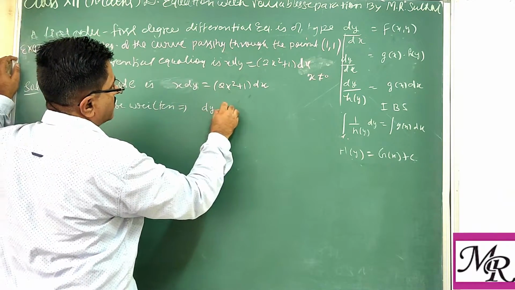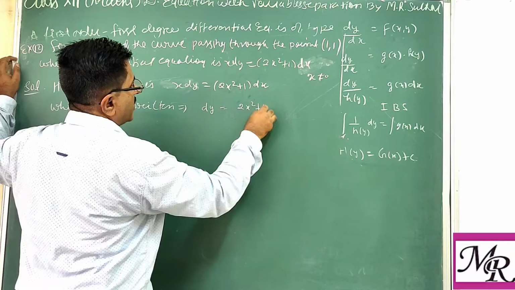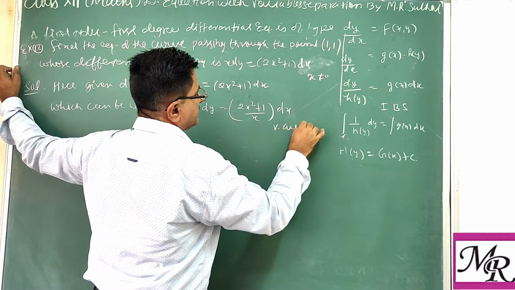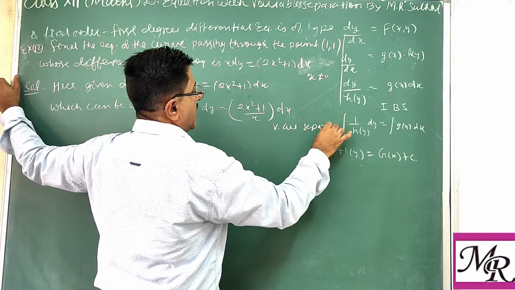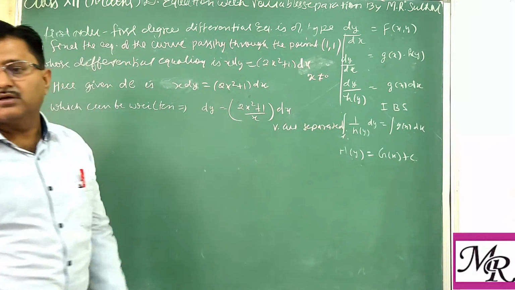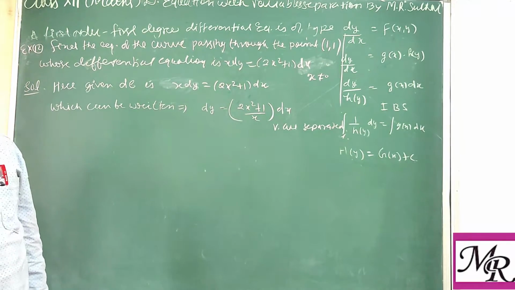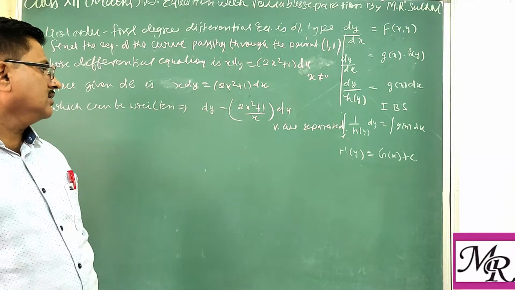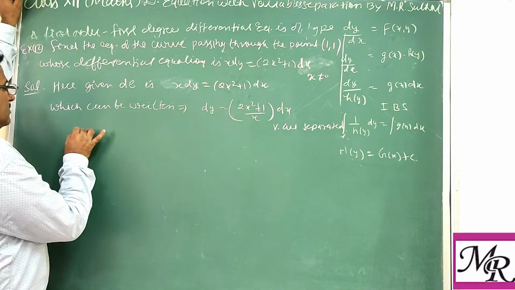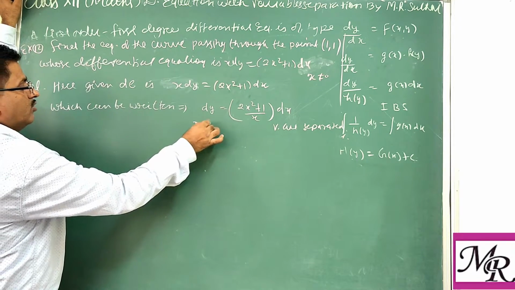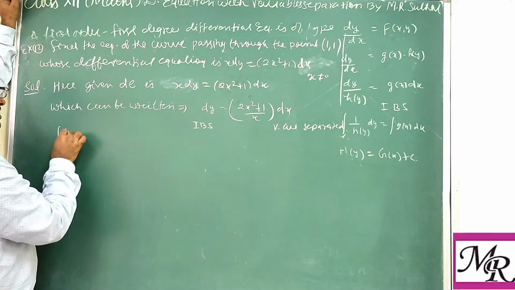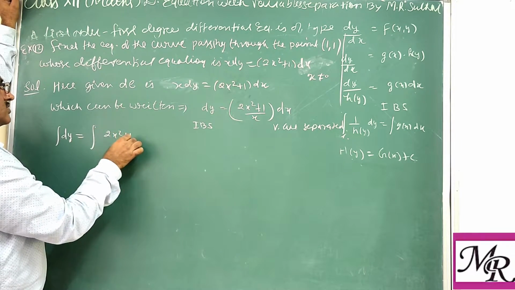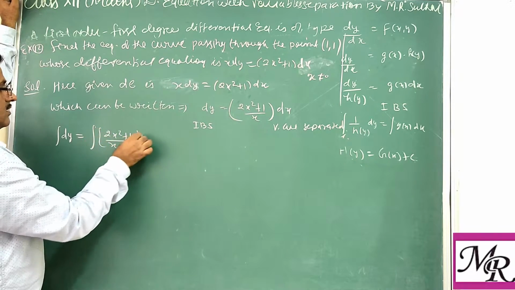So dy = (2x² + 1)/x dx. So the variables are separated. Clear? Now integrating on both sides, what do we get? Integral of dy = integral of (2x² + 1)/x dx.